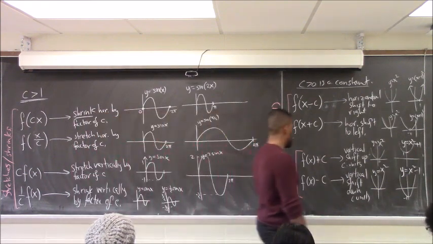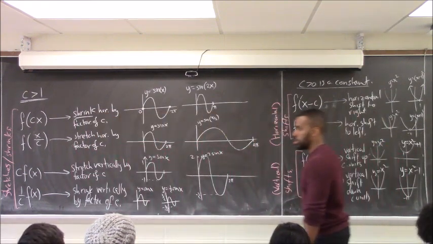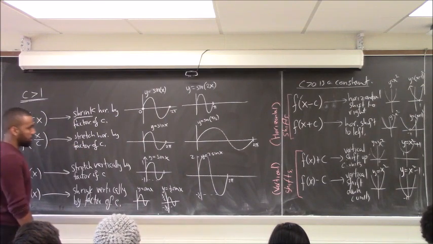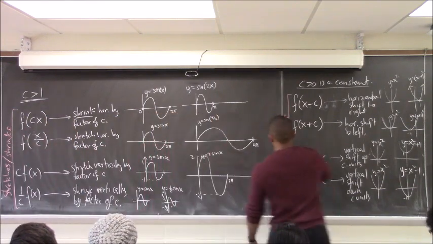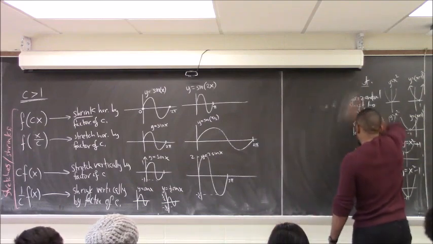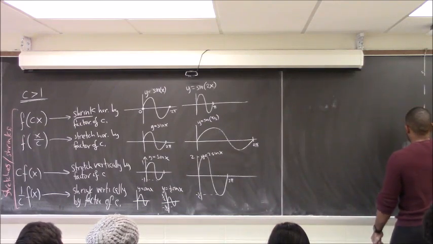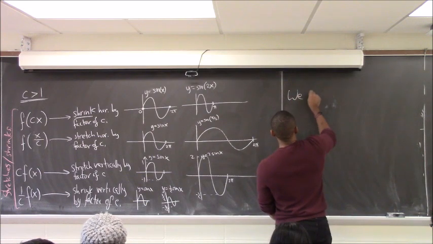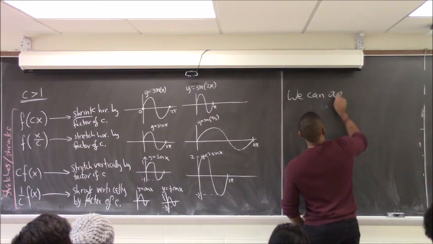Those are transformations of graphs. I think those are all the transformations that you care about at this point. Another thing you want to know, we can apply several transformations at a time.